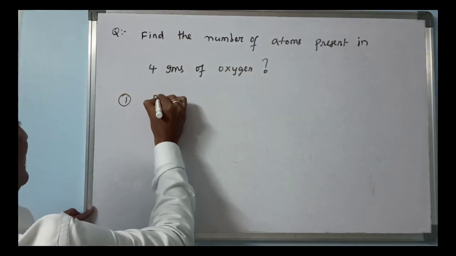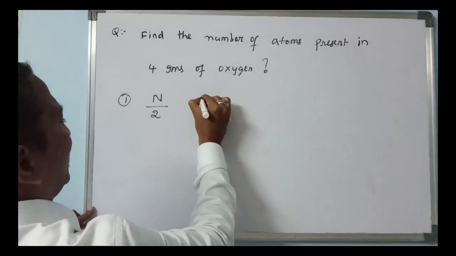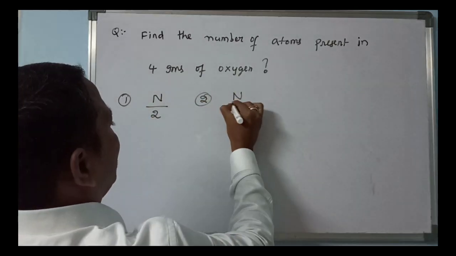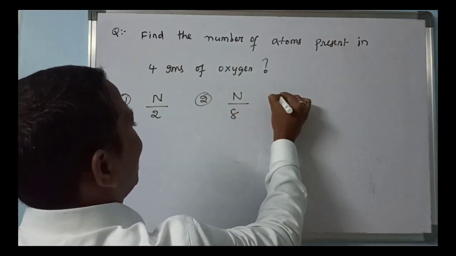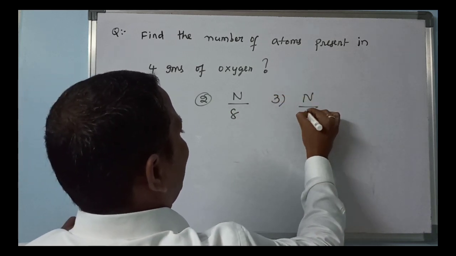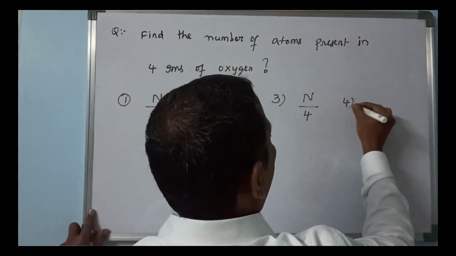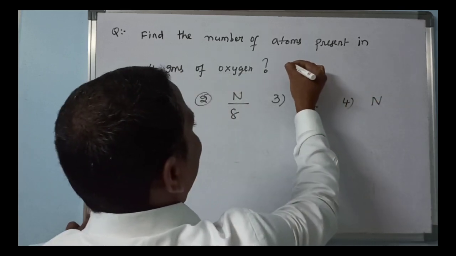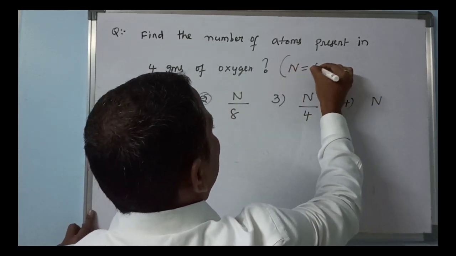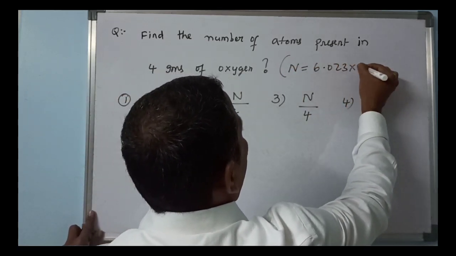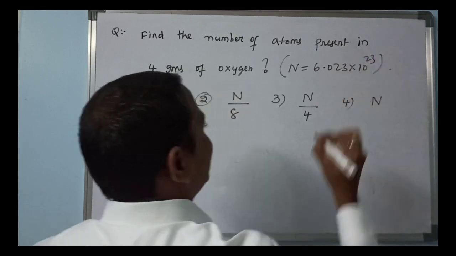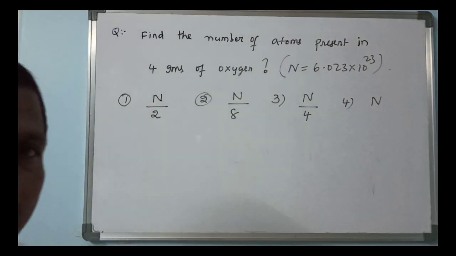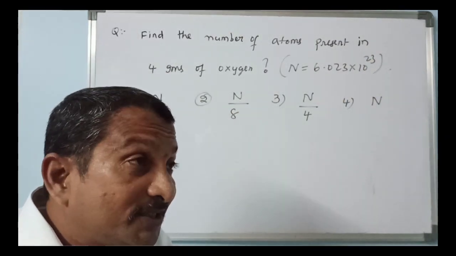Option 1: n by 2. Option 2: n by 8. Option 3: n by 4. Option 4: n. Here n is equal to 6.023 into 10 power 23, that is Avogadro number. Clear? See how I am solving this problem.